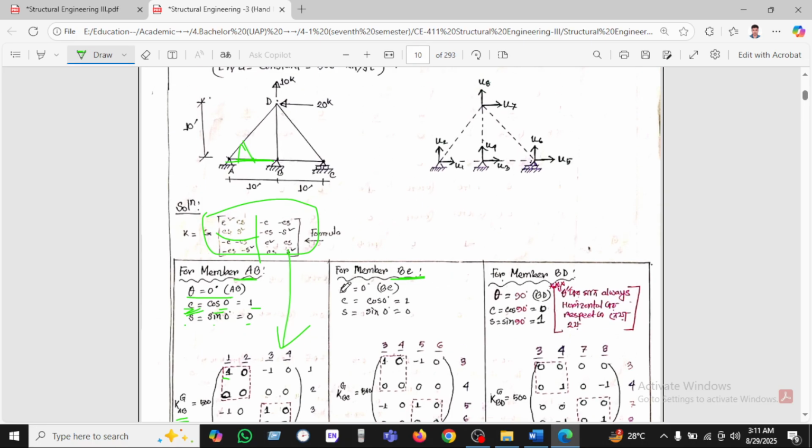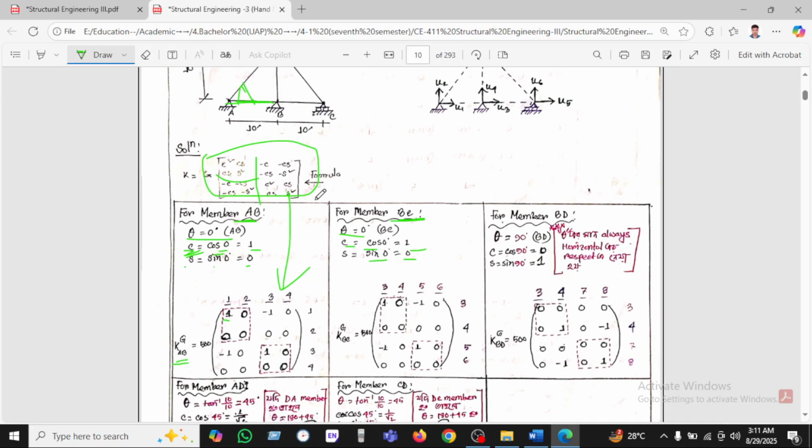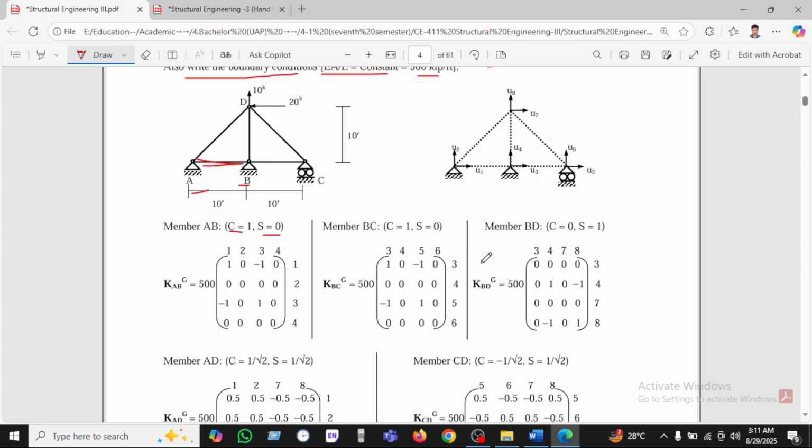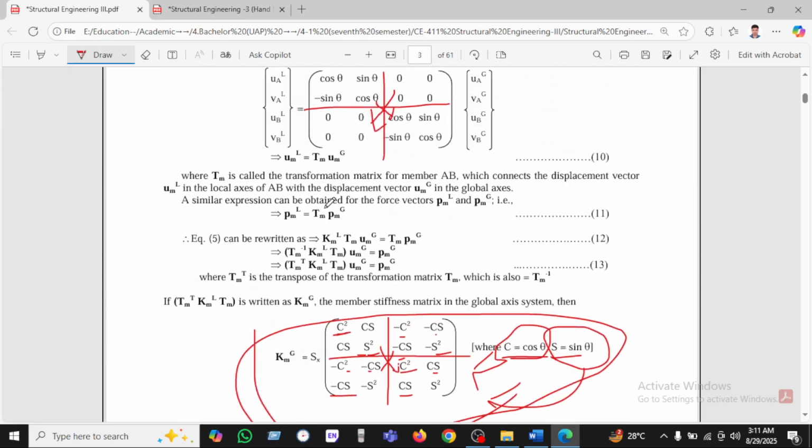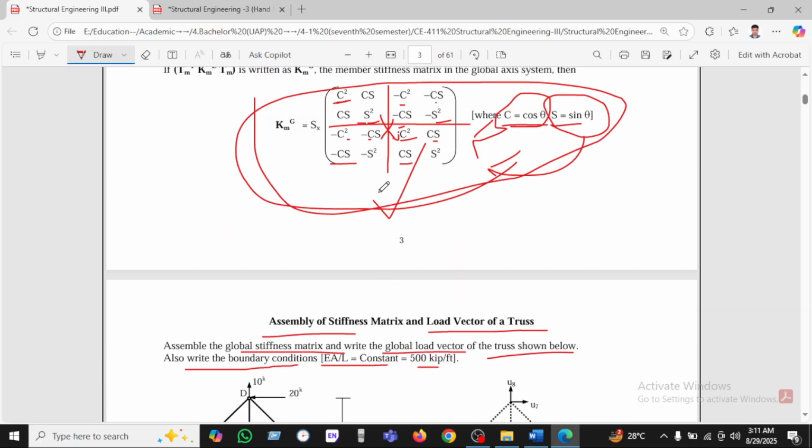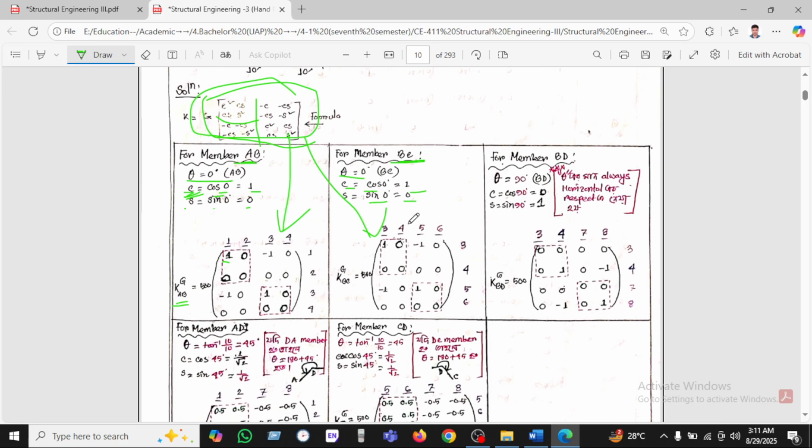This is BC, and theta is also 0. So C is cos 0 equal to 1, and sin 0 equal to 0. In this form we just use this formula, C square, CS, S square, and find the matrix below.